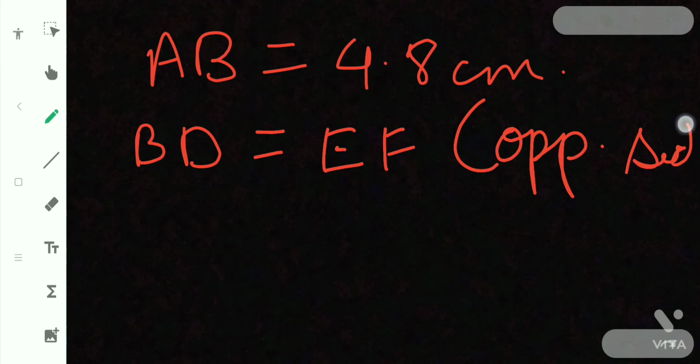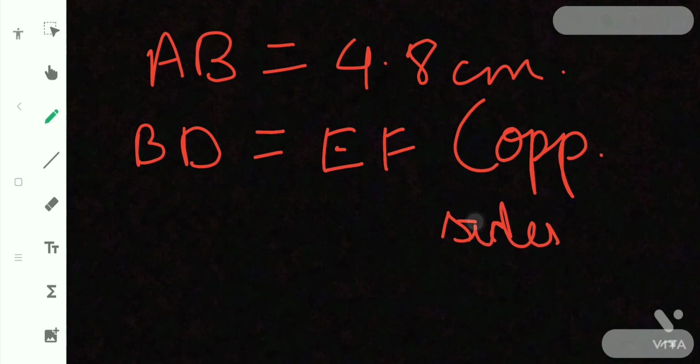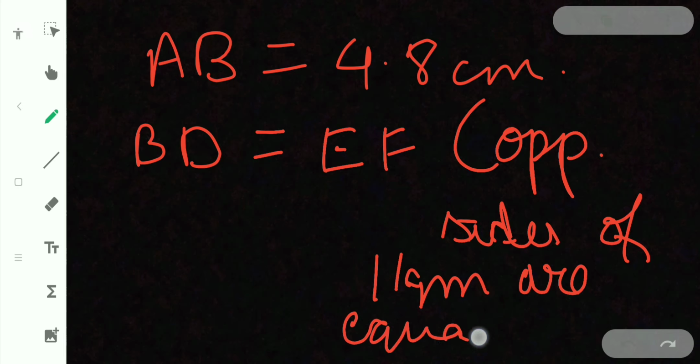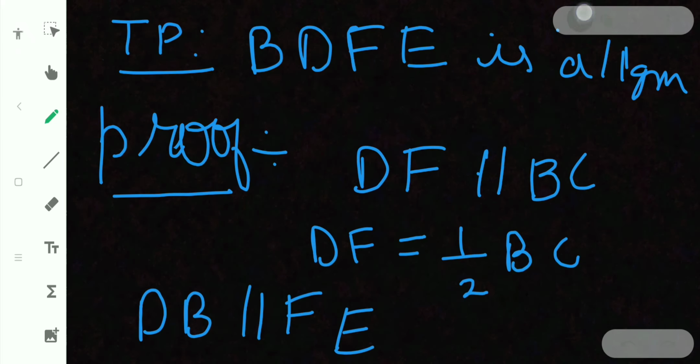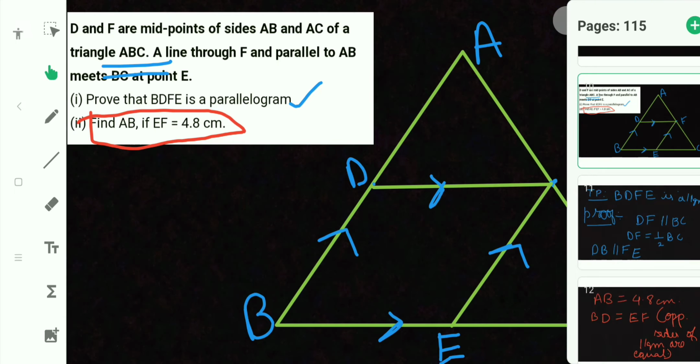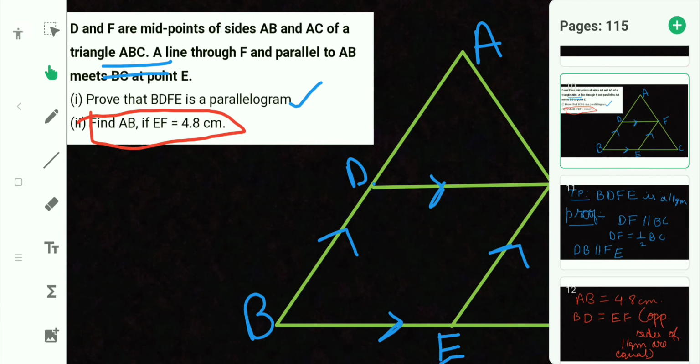Opposite sides of a parallelogram are equal. So when they are equal, you know EF is equal to 4.8, so BD also will be equal to 4.8 centimeter.